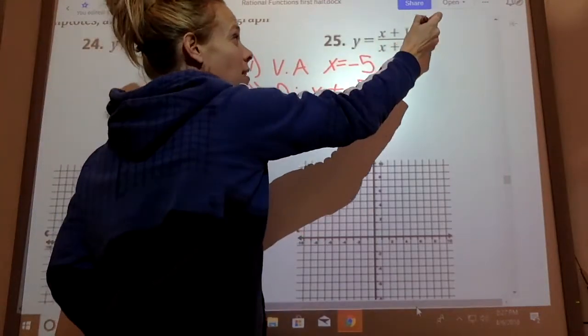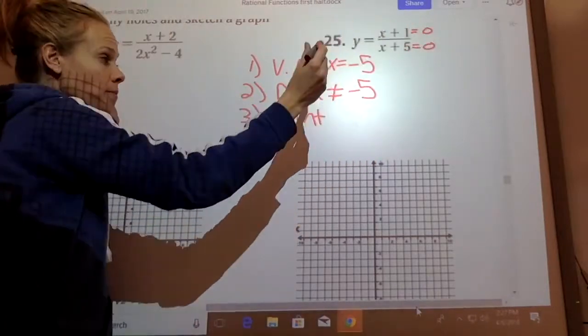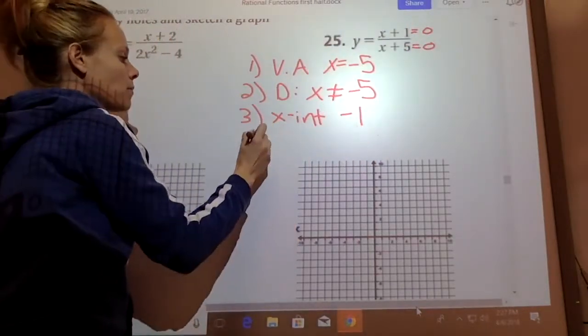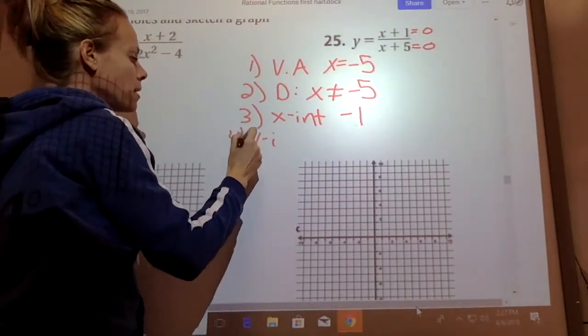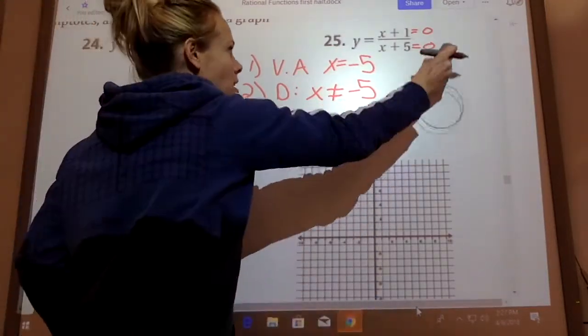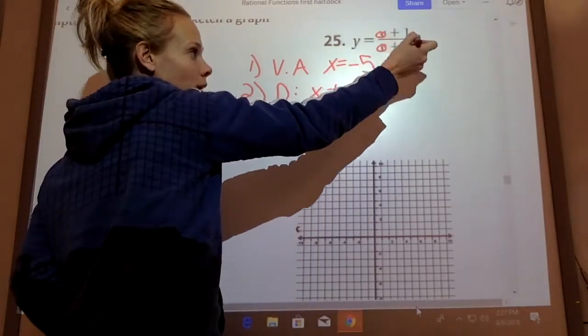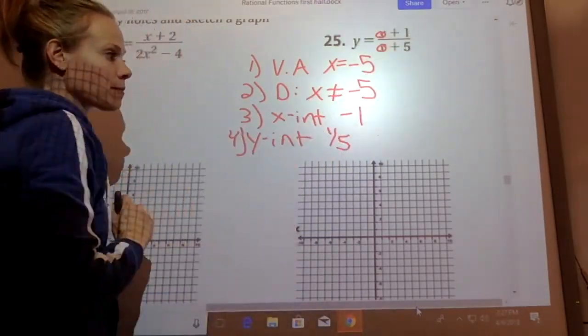My x-intercept would be, you set the top equal to 0, so what plus 1 gives me 0? Negative 1. My y-intercept would be, you put 0 in for x, 1/5. Very good.